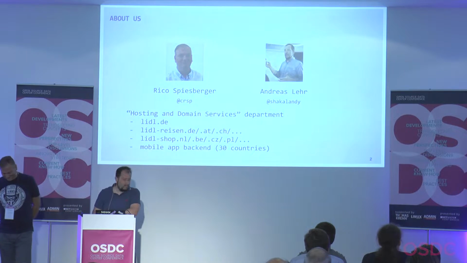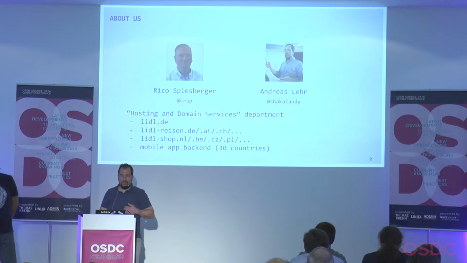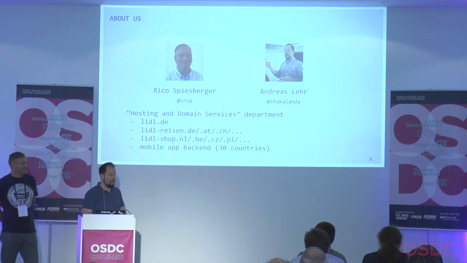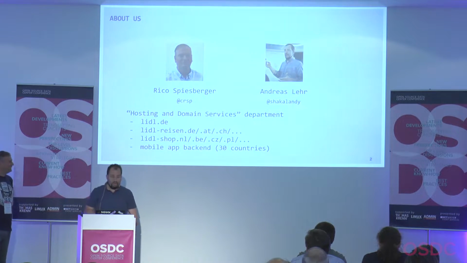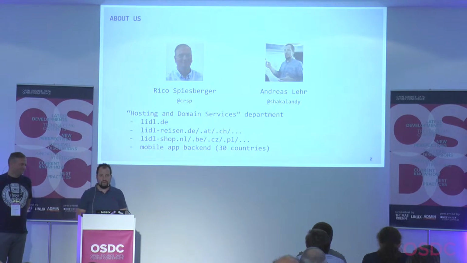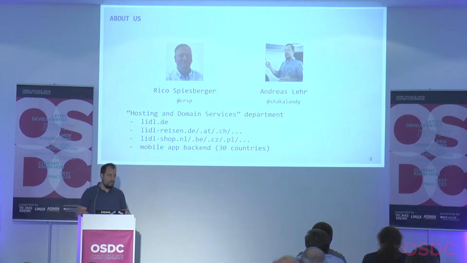So what we're basically doing inside Schwarz IT, you might not find anything on Google on it, so I'll have a slide on it to give you some information. Our department consists of around 50 people currently, and we're hosting the digital stuff for Lidl and Kaufland, which you might know. Our biggest applications are the German shop on Lidl.de and the travel portals, which run in several countries.